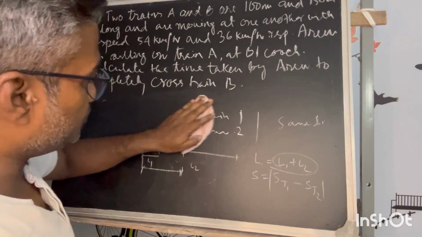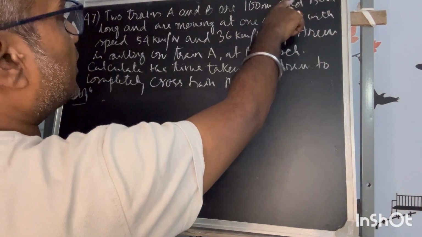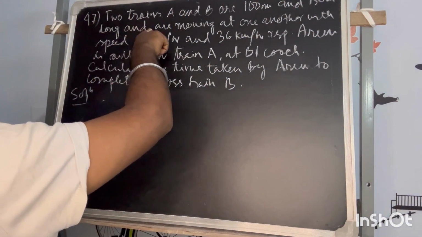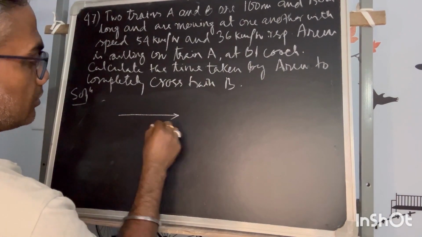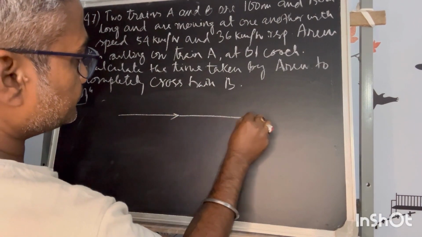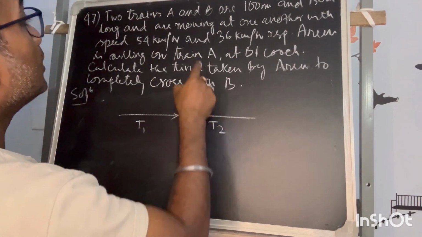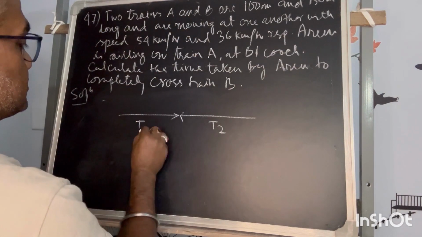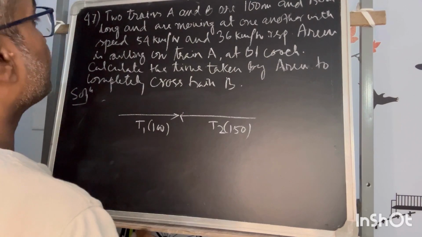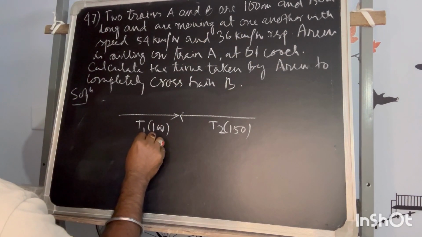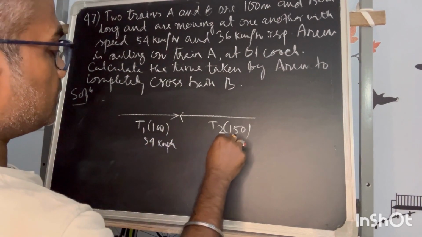But coming to this problem: two trains A and B, 100 meter and 150 meter long, are moving toward one another. That means they are moving in opposite directions. Let's say this is train 1, this is train 2. Their lengths are 100 meter and 150 meter, and their speeds are 54 kmph and 36 kmph.